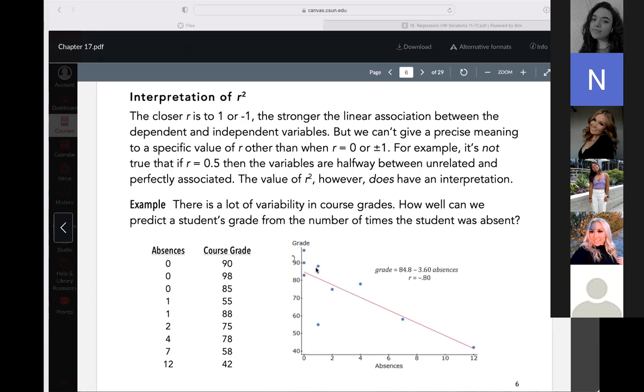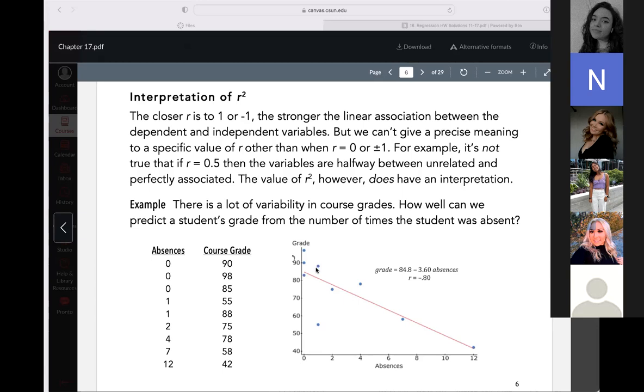So part of the reason people get the grades they do is because of absences, and part of the reason is the other stuff that we're not considering. Wouldn't it be nice if I could put a number on what percent of the reason why the grades change is because of absences, and what percent goes to everything else that I'm not considering? And the answer is yes, I can. And it's the R squared value.